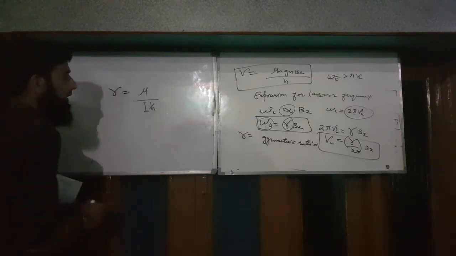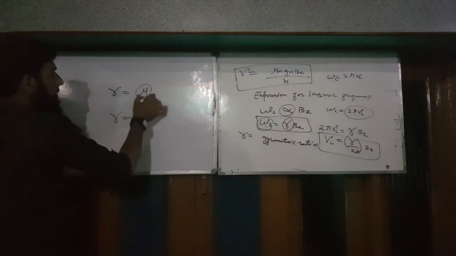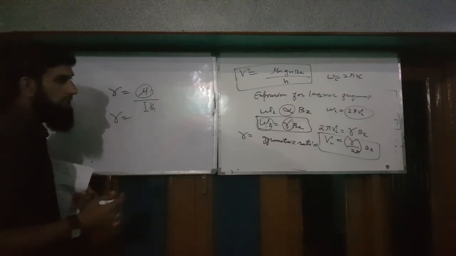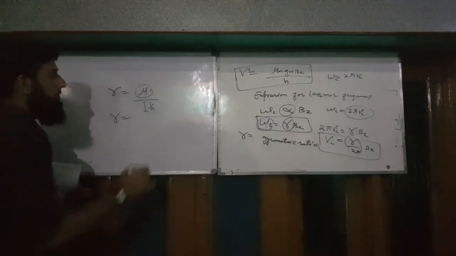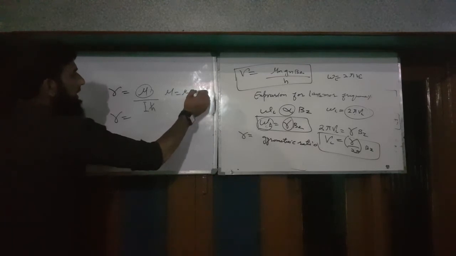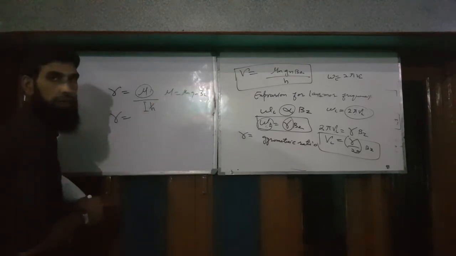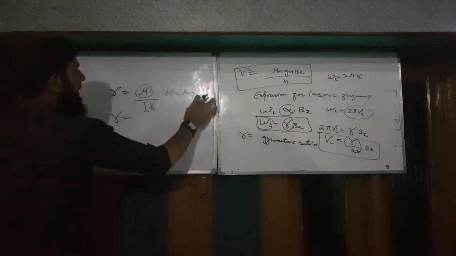And we know this mu, as I told you initially, the magnetic moment associated with the hydrogen nucleus, is equal to mu n gn into I.